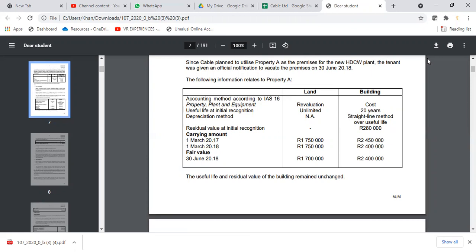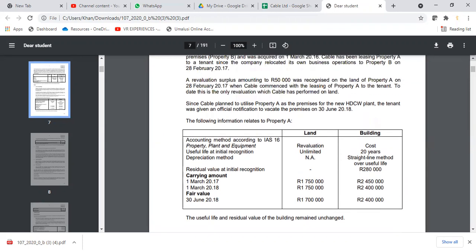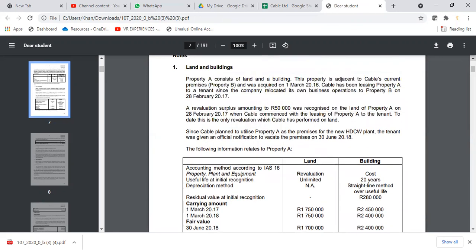Now, quickly, when did we get this property? 1 March 2016. So if we think about it, 1 March 2016 to 28 February 2017, that is 12 months, up until 1 March 2018, that is 24 months.